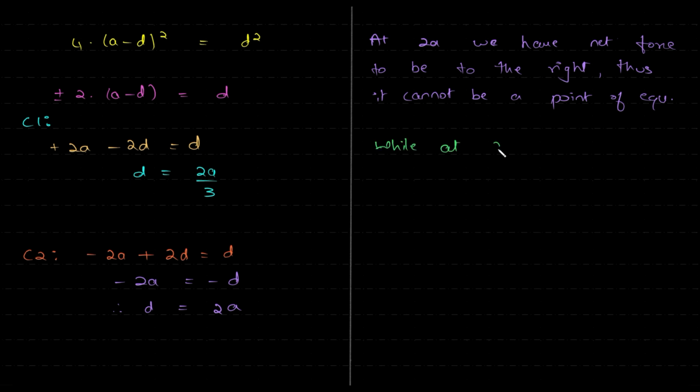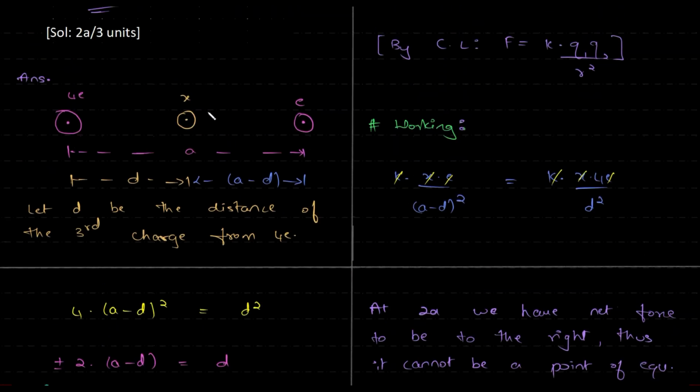While 2a by 3 is in between the points, somewhere over here actually. That makes sense.